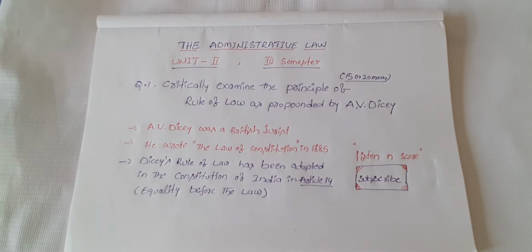It is another legal maxim showing the importance of the rule of law and equality before the law. Dicey's rule of law has been adopted in the Constitution of India in Article 14, equality before the law. The state shall not deny to any person equality before the law or the equal protection of the laws within the territory of India.